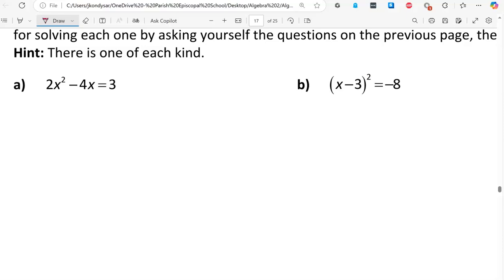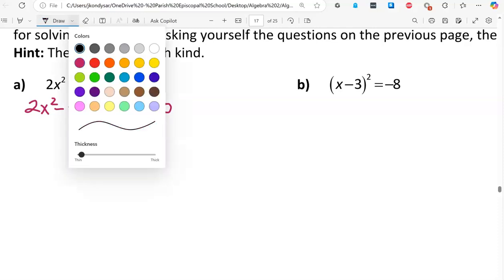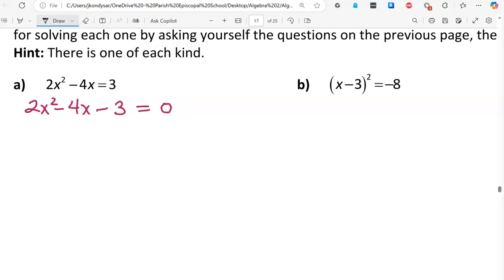My second question is going to be, does it factor? Well, I've got to put it in standard form first in order to see, so I'm going to subtract 3 from both sides. In order to determine factorability, we're going to look at a times c, which is -6, and are there factors of -6 that add to -4?